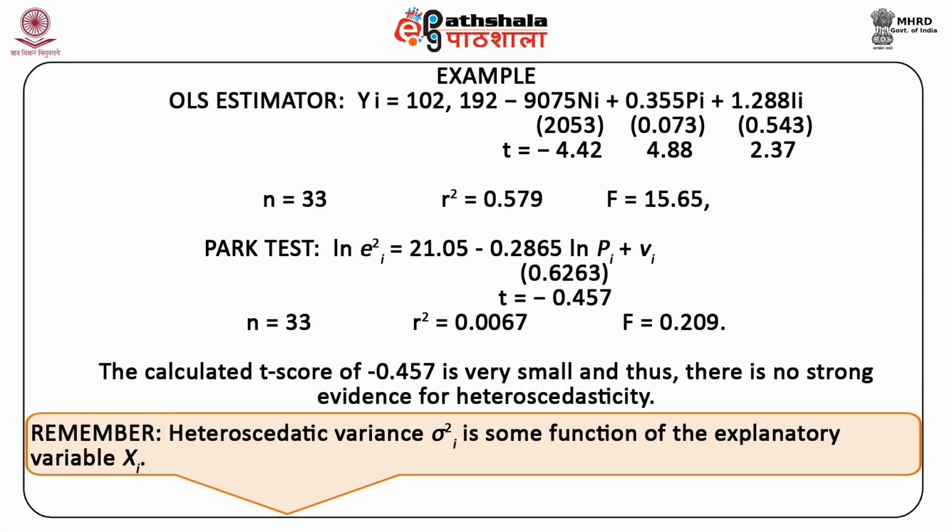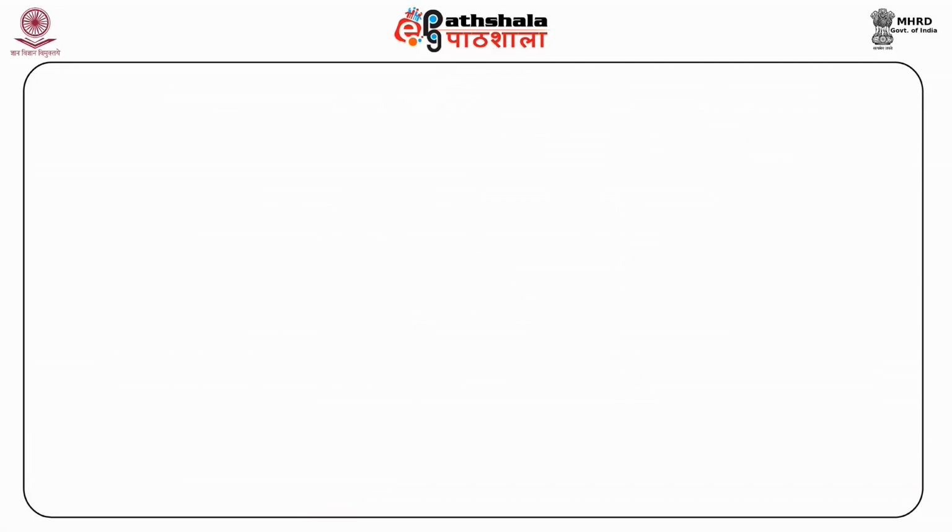Here, in the Park test, we regress the log of the square of residuals on log of P, denoting the population. The result we find is that there is no strong evidence for heteroscedasticity, as the calculated t-score, which is equal to minus 0.457, is very small.